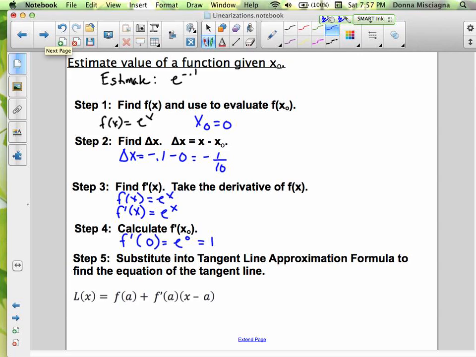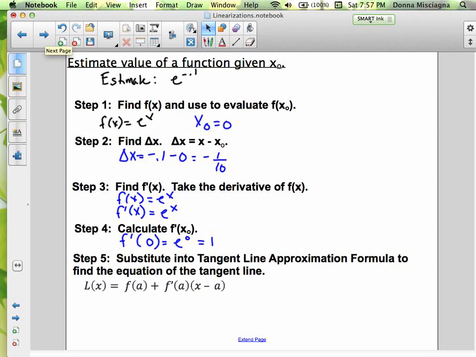And then substitute into the tangent line approximation to find the equation of the tangent line. So we are finding the value using the tangent line, because values that are close to x are going to be really close to the value we get from the tangent line. And the line is always easier to work with.